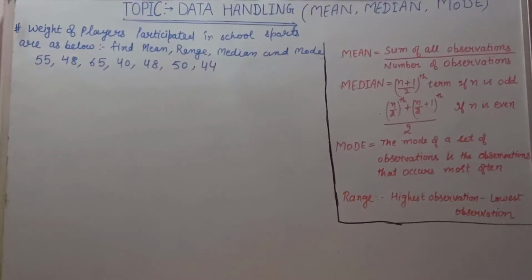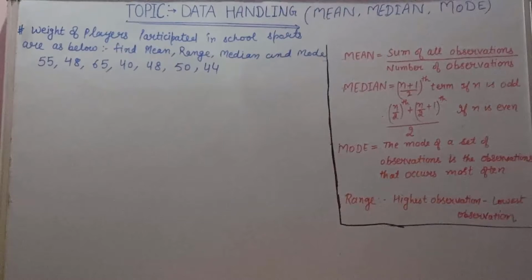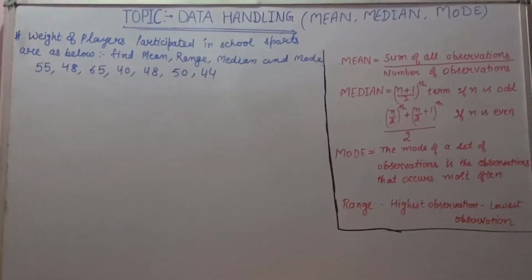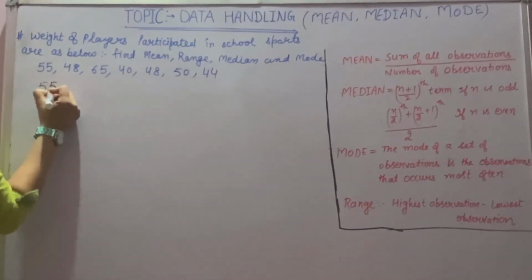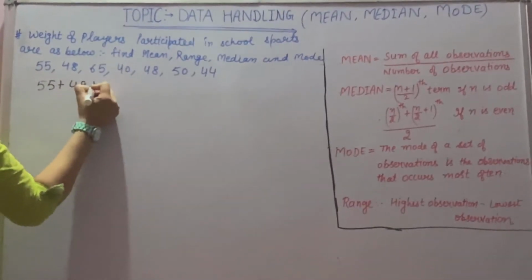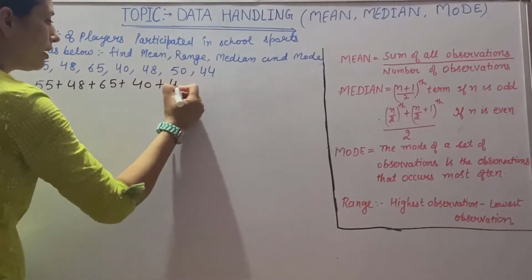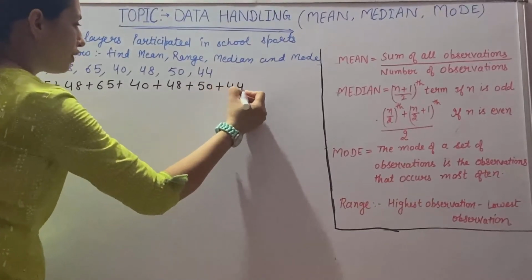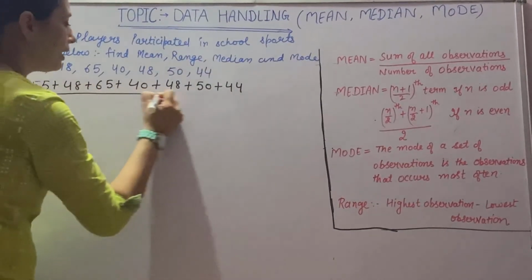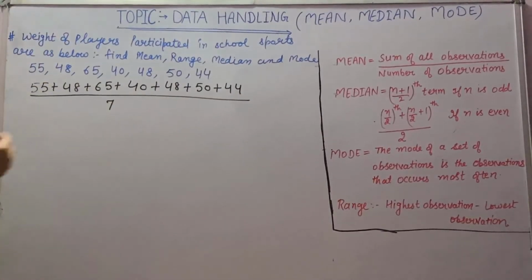The weights of the players are 55, 48, 65, 40, 48, 50 and 44. First we find the mean. What is the formula to find the mean? Sum of all observations divided by the number of observations. That is 55 plus 48 plus 65 plus 40 plus 48 plus 50 plus 44, divided by the number of observations, that is 7.